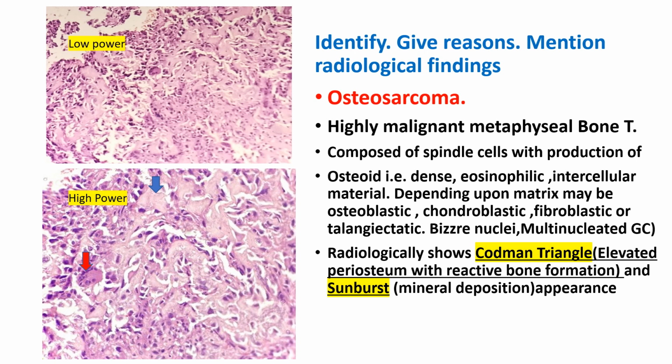So reactive bone is seen in the X-ray. The reactive bone of the elevated periosteum and the compact bone of the original bone from where the tumor is arising give a triangle appearance. That triangle is known as Codman triangle. And the tumor is very vascular, and along the tumor the mineralized bone may be deposited, giving rise to the sunburst appearance. So the important thing in osteosarcoma is its radiological finding.